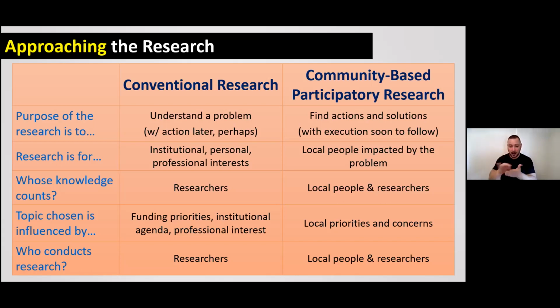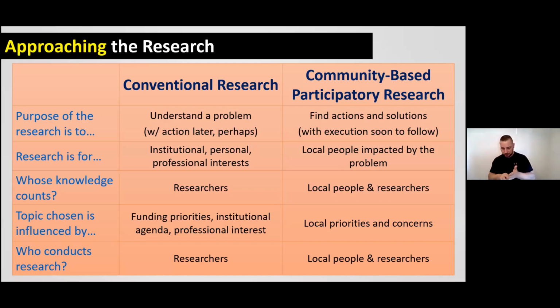And with researchers, who chooses the topic? In many cases with conventional research, it's based on an RFP, request for proposals, or RFA, request for applications, or maybe the goals and objectives of that particular research institution. In community-based participatory research, local priorities are really emphasized. And then who conducts the research?